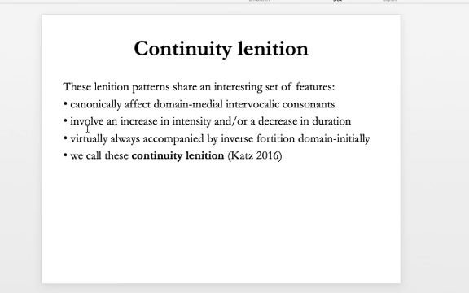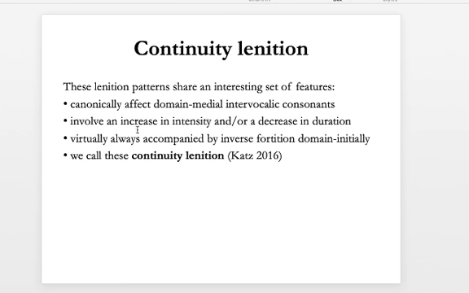Both of these processes involve an increase in the intensity of the consonants in question, or a decrease in duration, or both. Right? And these particular ones, as we've just seen, the lenition that we see in between vowels in both these examples was accompanied by inverse fortition domain initially, where the domain was either a word or a phrase, depending on the language, but we saw that there are fortis realizations initially within a word or a phrase.